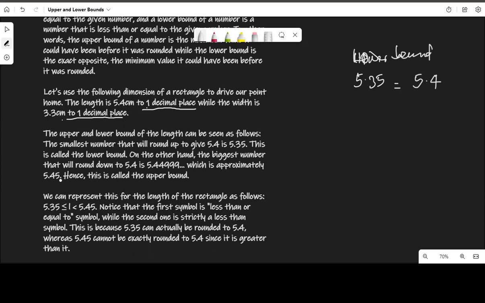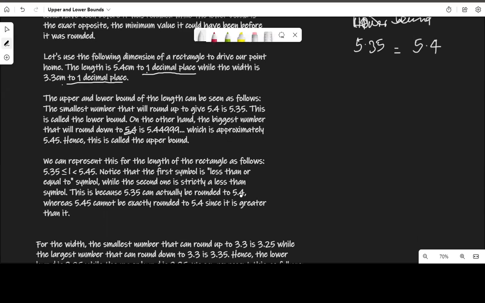Anything bigger than this, we round up to 5.5. But our number is 5.4. The highest number that can round down to 5.4 is 5.45. So this 5.45 is called the upper bound of this number 5.4.